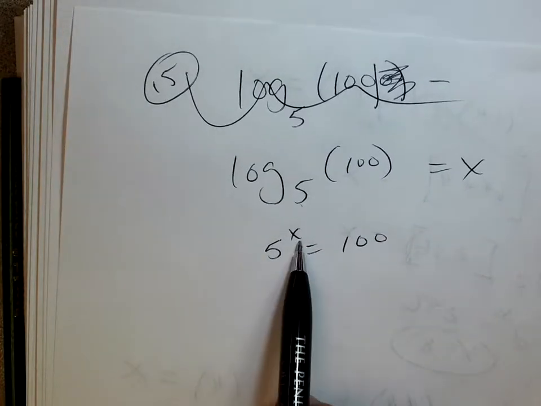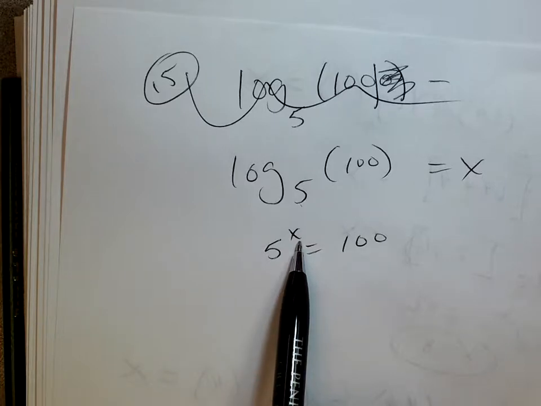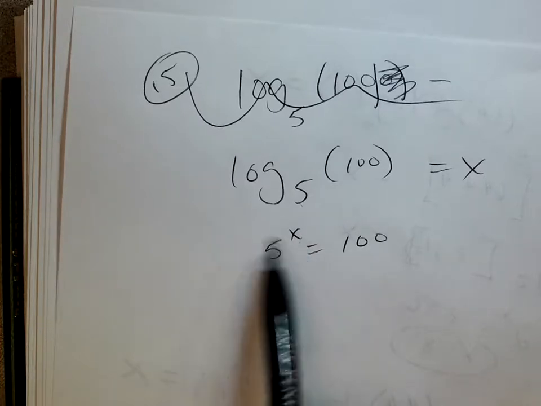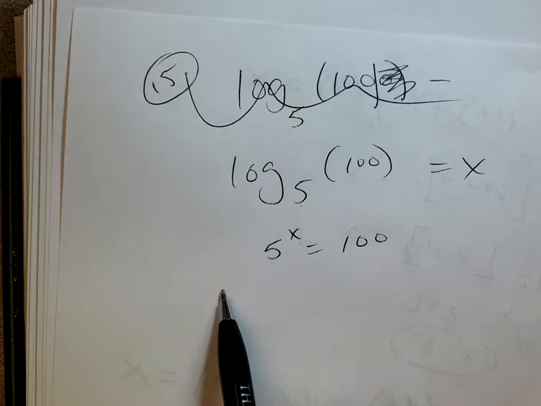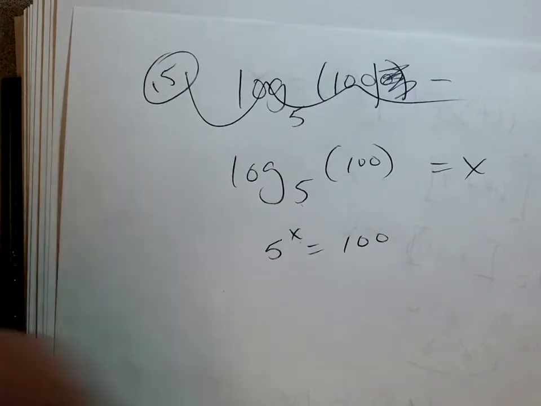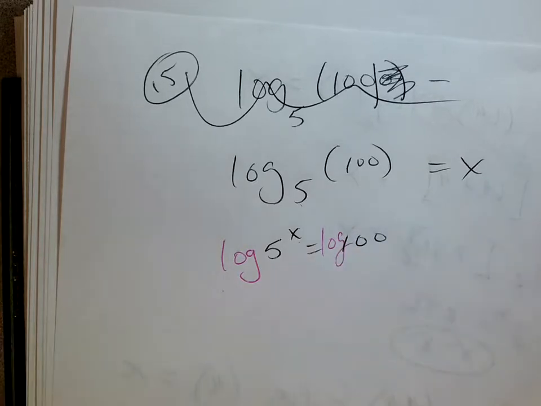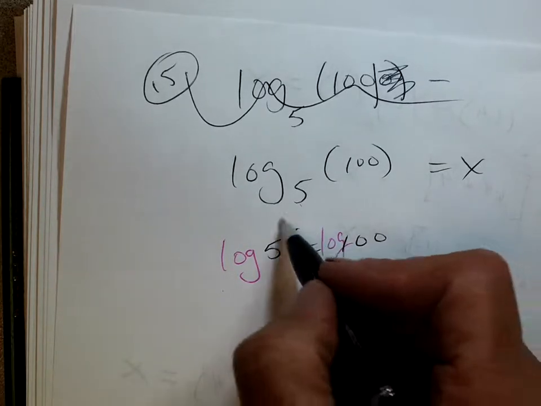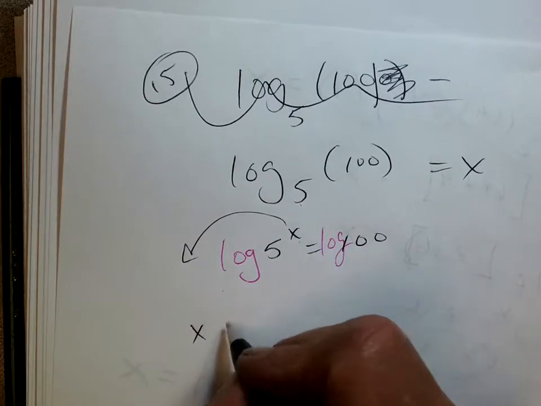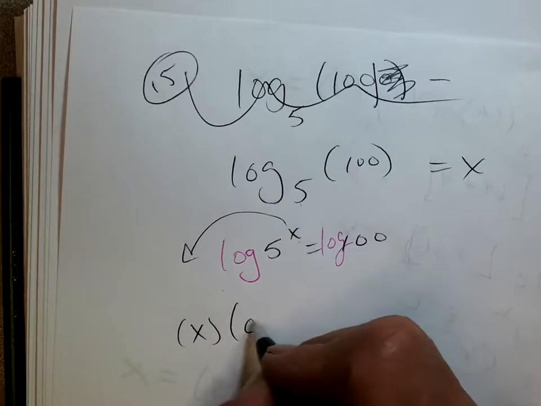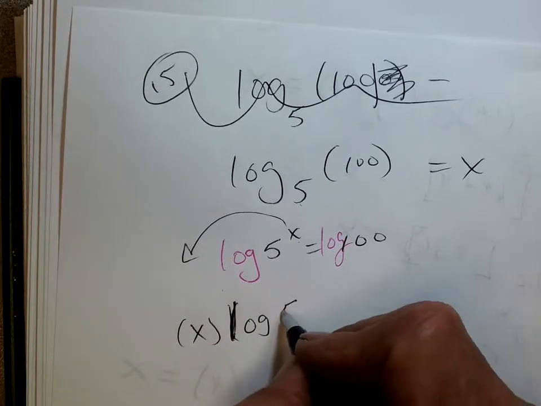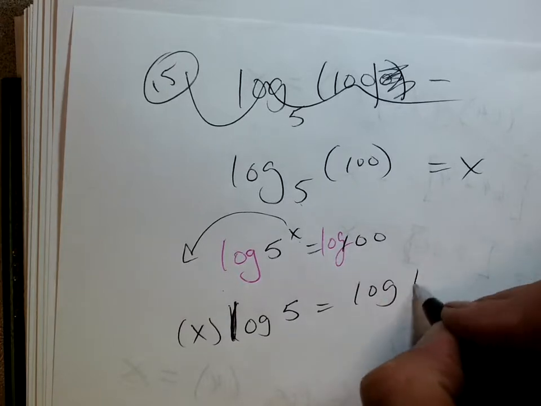We got to get x out of the exponent. How do we do that? How do we bring x down? We log it, right? We take the log of each side. So then we'll get x times log of 5 equals log of 100.